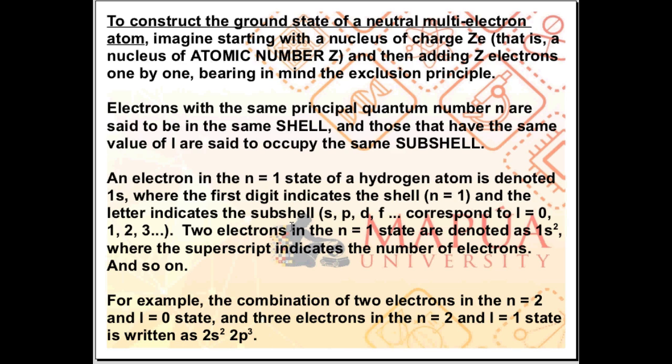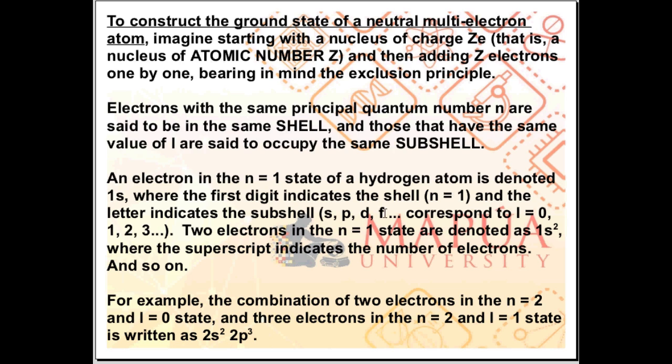L is the subshell. S, P, D, F correspond to the values of L: L is equal to 0, 1, 2, 3, and so on. So L equal to 0 is S, L equal to 1 is P, L equal to 2 is D, L equal to 3 is F, and so on.